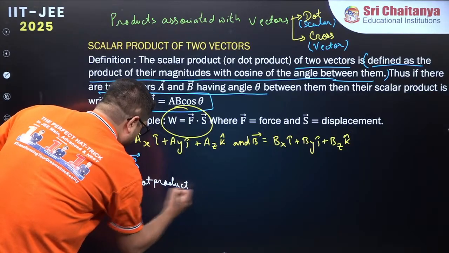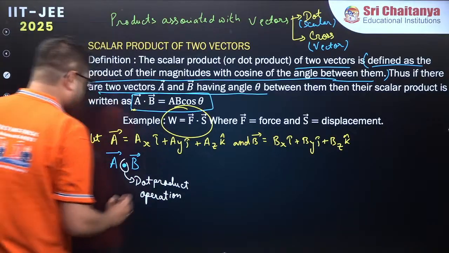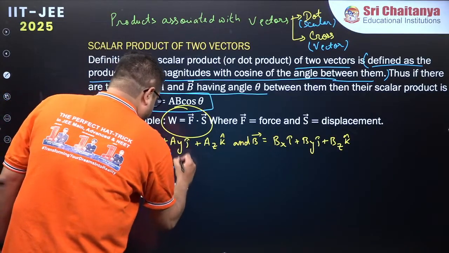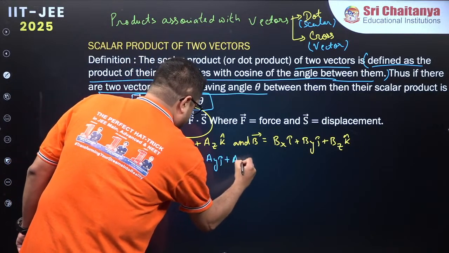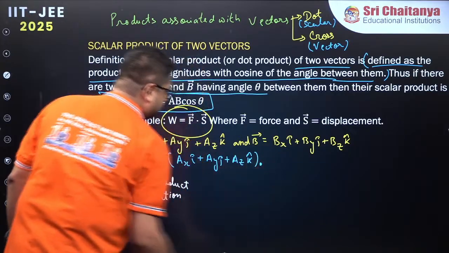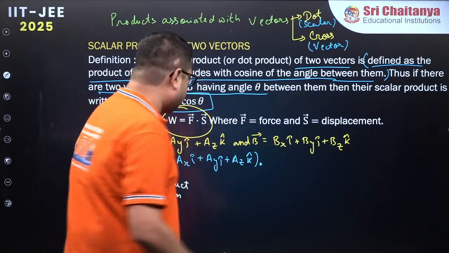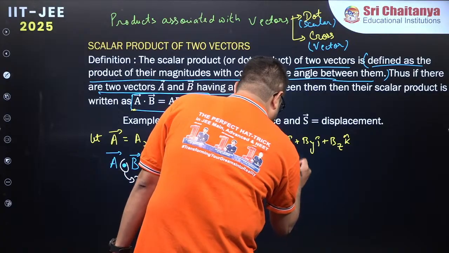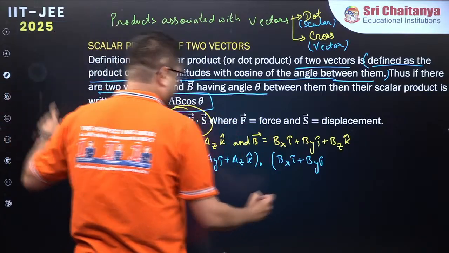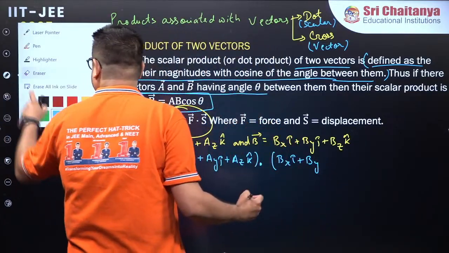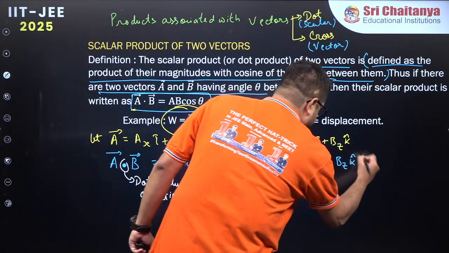So A dot B, you can write it down over here as equivalent to AX i cap plus AY j cap plus AZ k cap, dot, where the thick dot means we are trying to perform dot product between them, dot of BX i cap plus BY j cap plus BZ k cap.